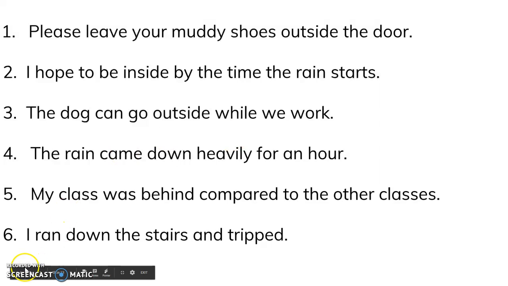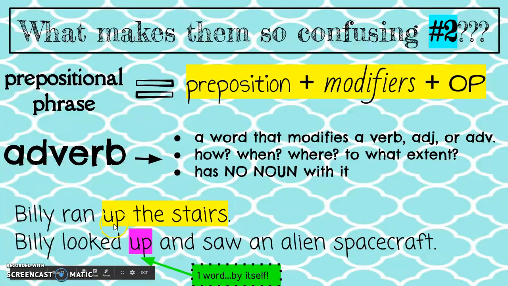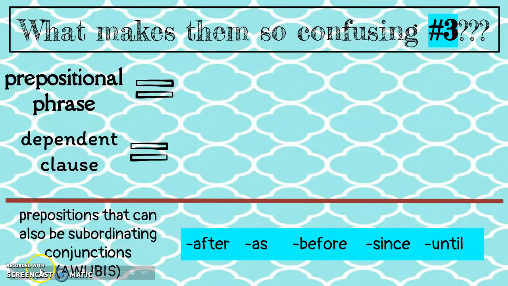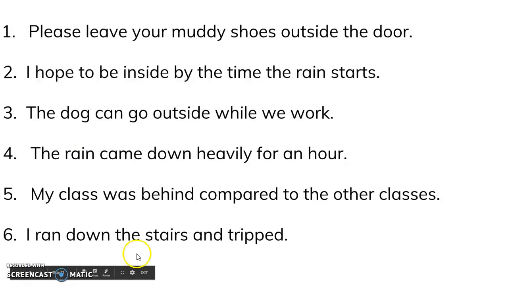If we go back to that example that we just did, up the stairs sounds like a phrase that makes sense together. Up and saw an alien spacecraft does not. So if I were to come across something like that, I may need to stop and rethink there. Okay? And so when you are done with this next section, there's only a few here, bring it up and I will check it.